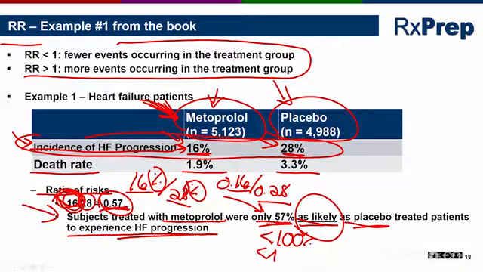Because less than 1, we were saying that the treatment group had less events or fewer events, but we're not able to say it because if we say less likely, we're interpreting that when we hear that to mean it's statistically significant. And we didn't do any statistics on this yet. Maybe this isn't statistically significant. Maybe it is. So we have to use the term as likely when we're using risk ratio.